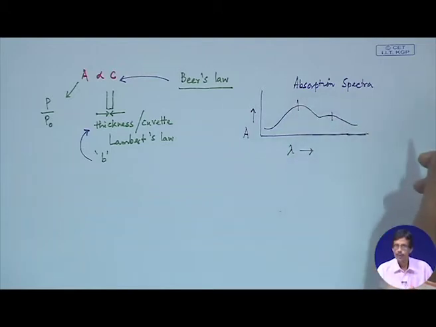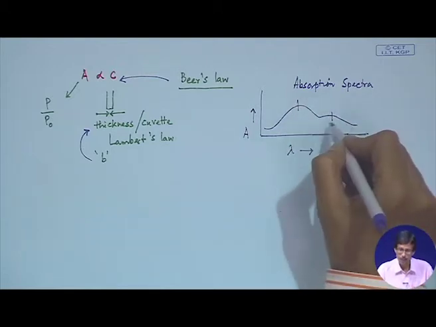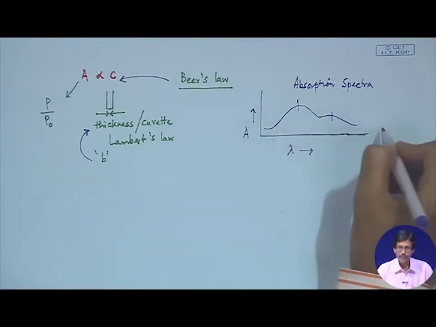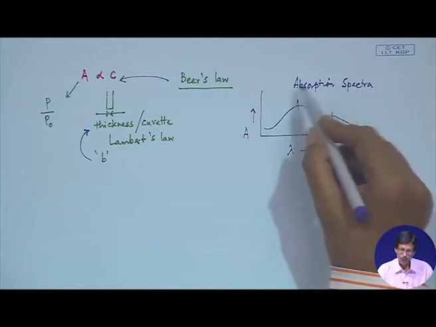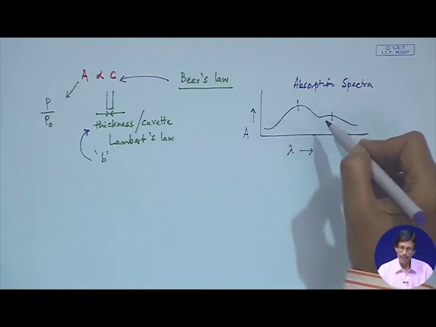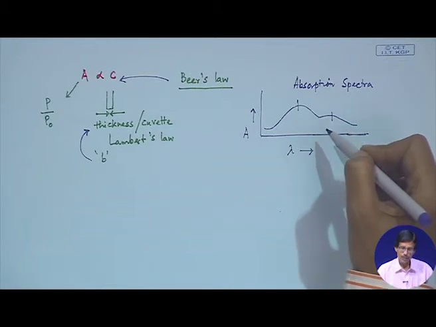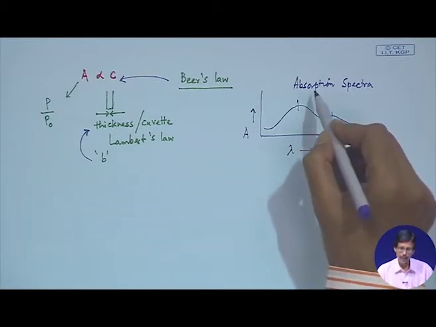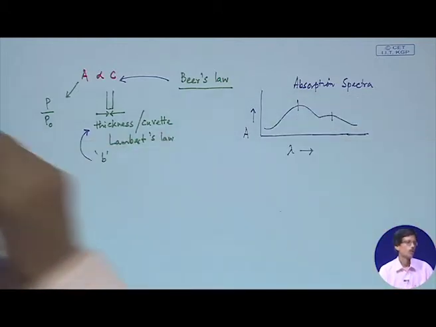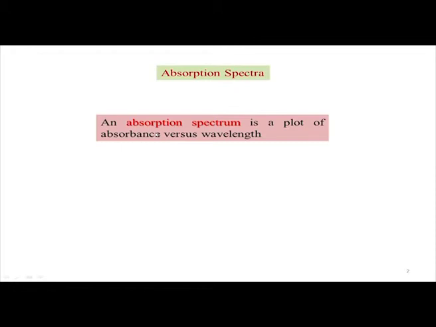These are the two absorptions at two different lambda values, lambda 1 and lambda 2. One is in the lower range and another is in the high range. So, you can record a typical absorption spectra for any particular compound, and it will be attached to any unknown or known compound as its absorption spectra. So, by language also we should be able to define what is called an absorption spectrum.